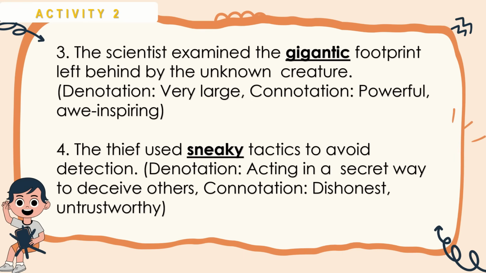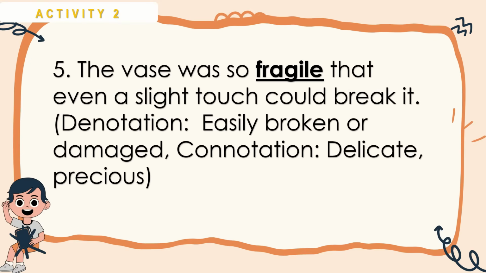Denotation, acting in a secret way to deceive others. Connotation, dishonest, untrustworthy. Number 5. The vase was so fragile that even a slight touch could break it. Denotation, easily broken or damaged. Connotation, delicate or precious.